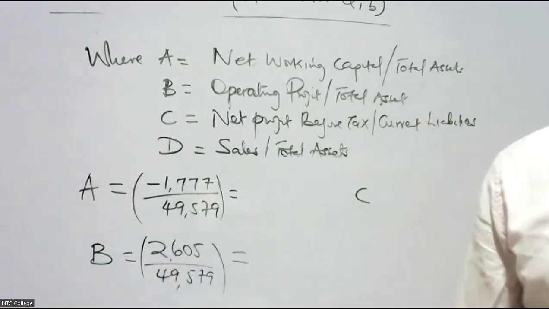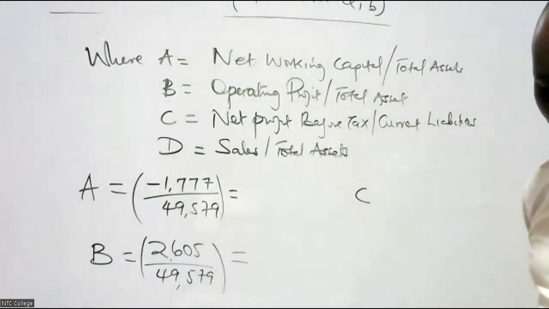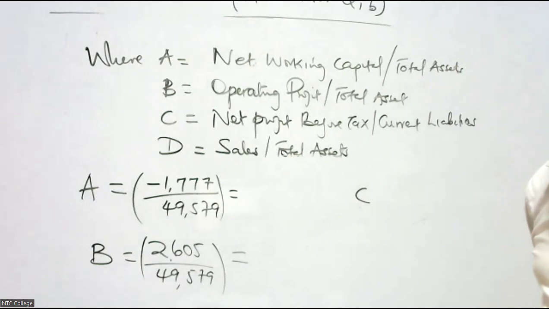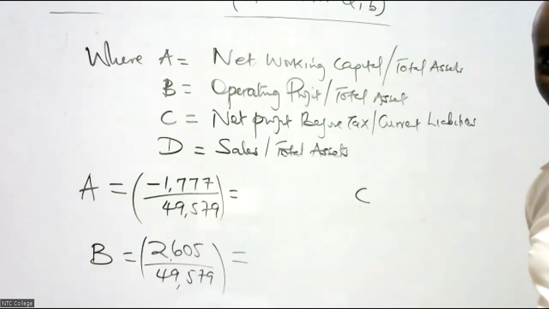So can somebody tell us how we can arrive there? Net profit before tax. Somebody to unmute himself or herself.